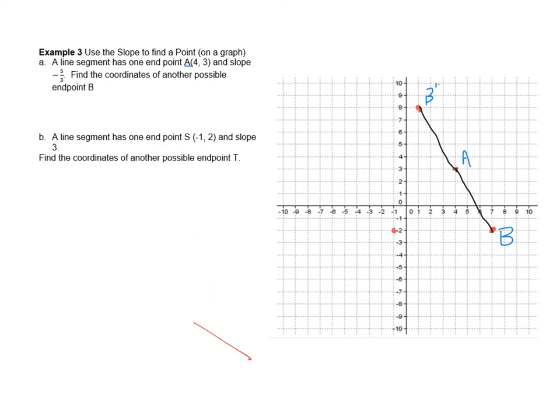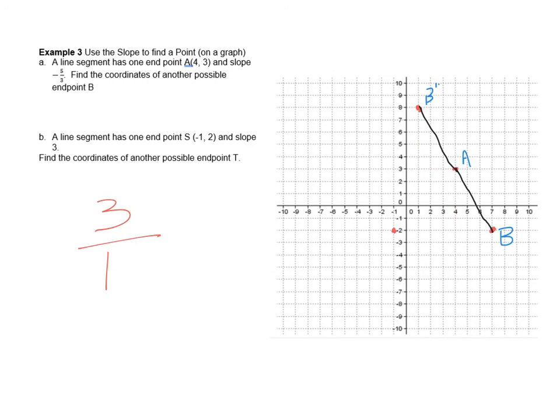So if it says slope that is 3, now remember slope is rise over run again, so that would mean the rise is 3 and the run is 1. Okay, because rise over run. And if I want a slope of 3, it means 3 divided by 1.